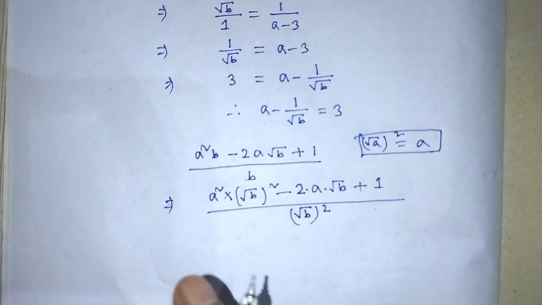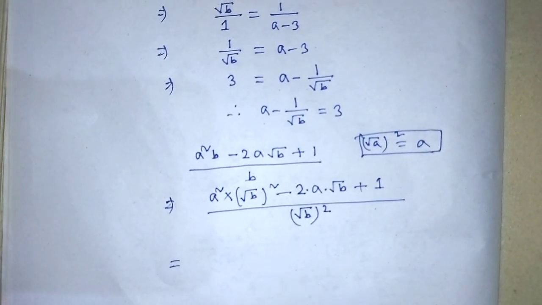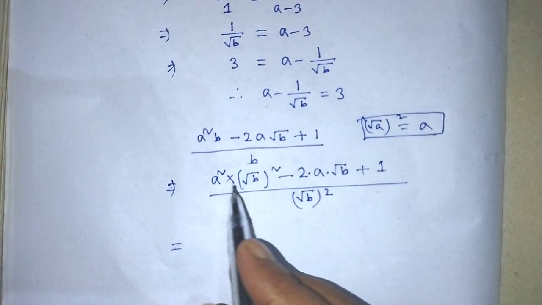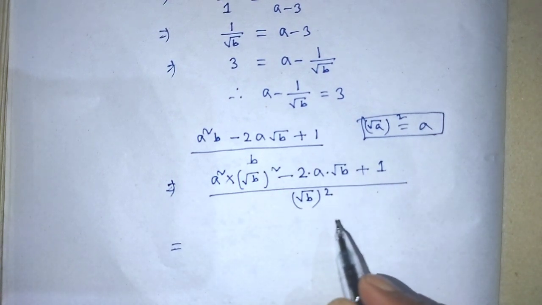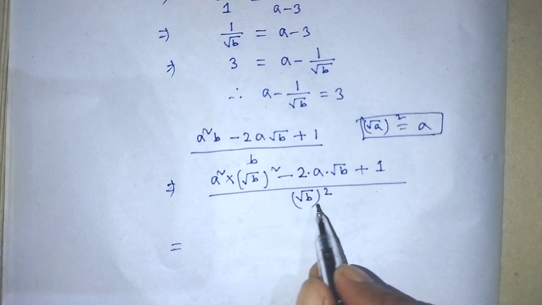So student, after that we can write from this algebraic expression. In the place of numerator there are 3 terms and in the denominator there is only 1 term.